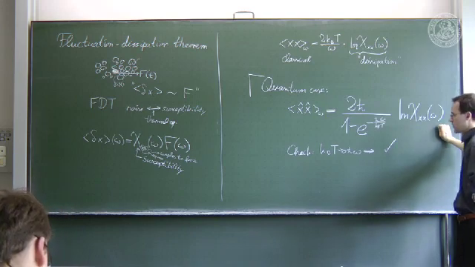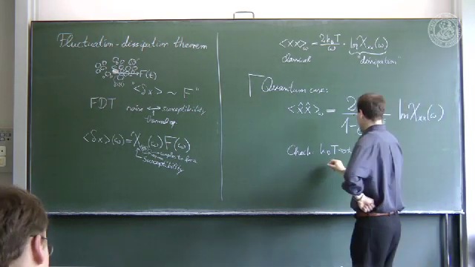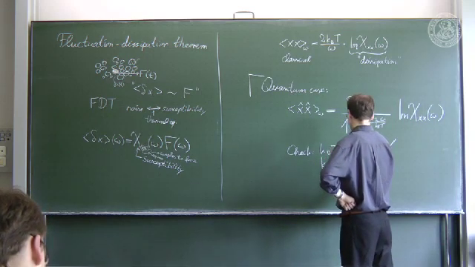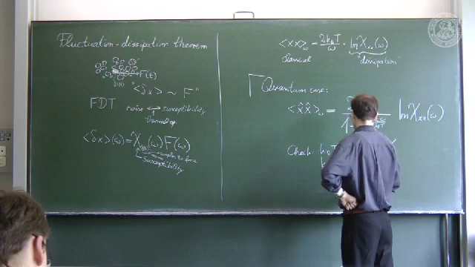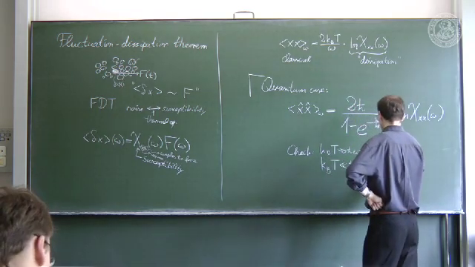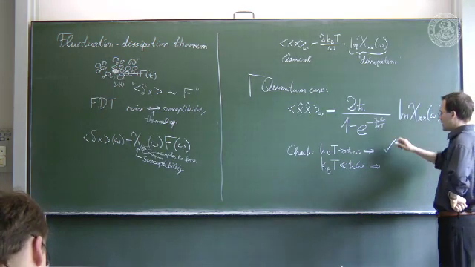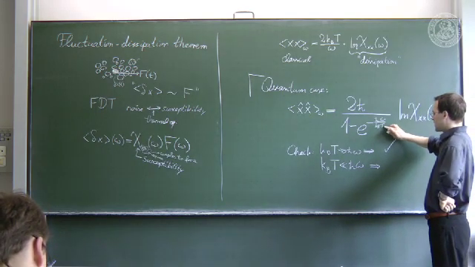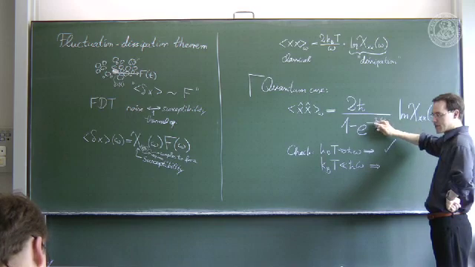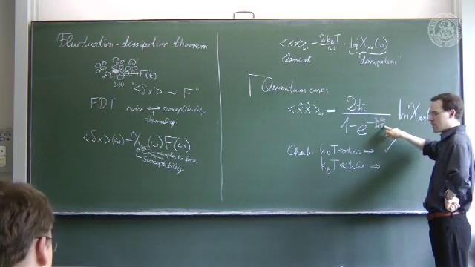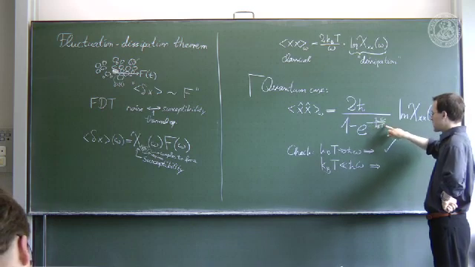And then you can also ask what happens if I go to 0 temperature, if I go to the ground state of my system. Or in other words, if temperature is much smaller than h bar omega. Well, what happens then is that the exponent blows up, because temperature goes to 0. But for positive frequencies, this is fine.